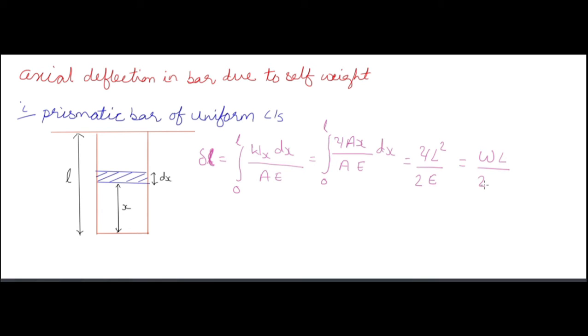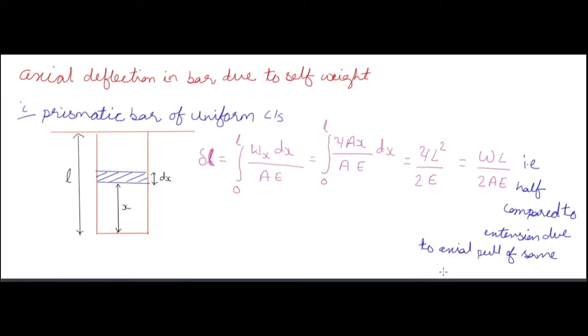So this is the x distance from the end, and dx is the small length over which this is integrated. So delta is equal to integral from 0 to L of Wx into dx by AE, or gamma Ax. Gamma is weight density, or weight per unit volume. So gamma Ax by AE dx.